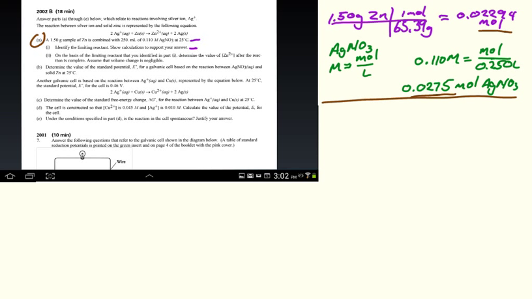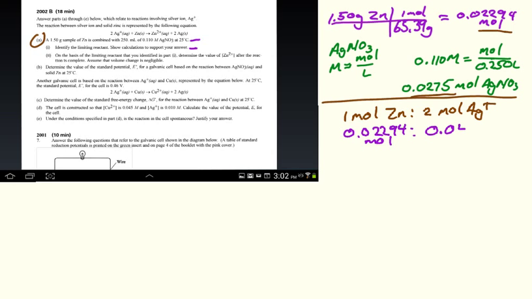To determine the limiting reagent, we look at the balanced equation. For every 1 mole of zinc, we are going to need 2 moles of silver ion. And since we have 0.0229 moles of zinc, that will correspond to twice that many.